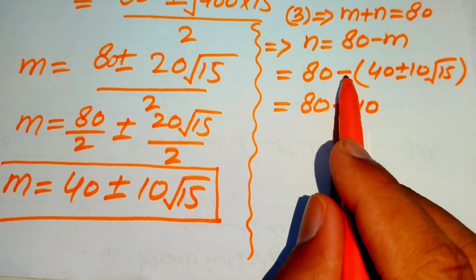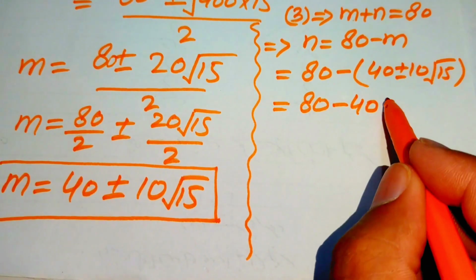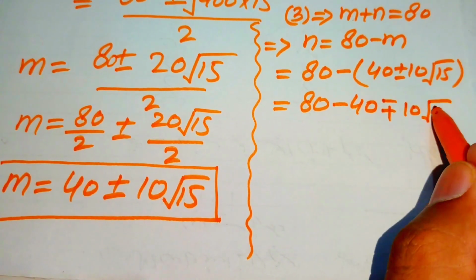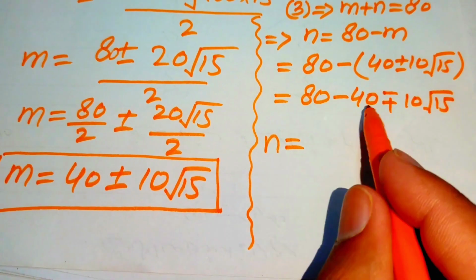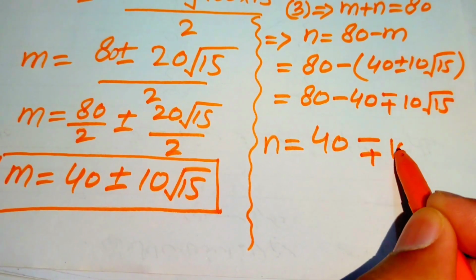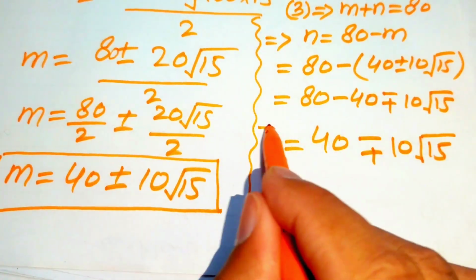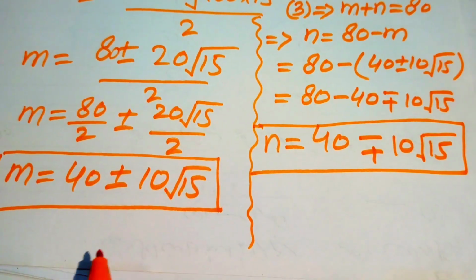When we multiply this minus on plus minus, it becomes minus plus, and we get 10 times square root of 15. So here you get the value of n equals 80 minus 40 is 40, minus plus 10 times square root of 15. So these are the other two values of n.